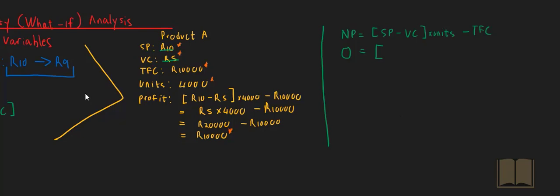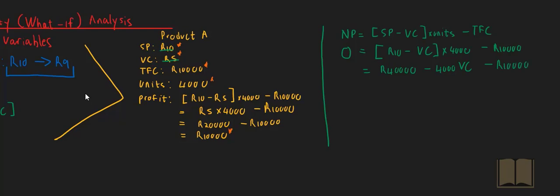So the selling price per unit is 10 Rand, your variable cost per unit, that's what you're looking for. The total number of units is 4,000, and your total fixed cost remains the same at 10,000 Rand. So the 10 Rand multiplied by 4,000 units sold will give you a total income of 40,000, minus your total variable costs of 4,000 multiplied by the variable cost, minus your total fixed cost of 10,000 Rand.